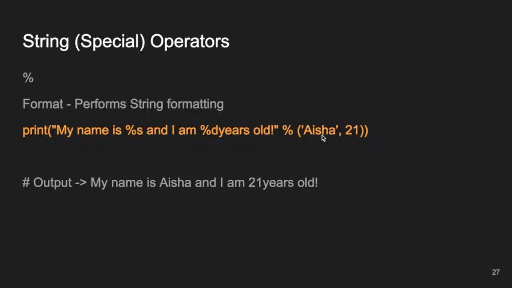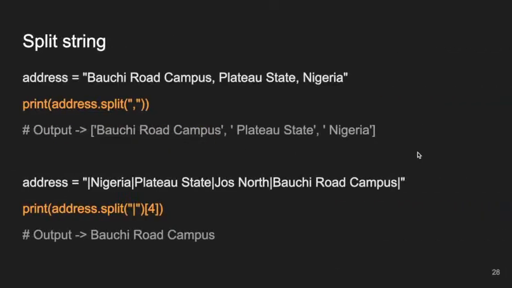This Aisha here would replace this %s, and 21 here will replace %d, so that your message becomes, my name is Aisha and I am 21 years old. You can think of %s and %d as placeholders.